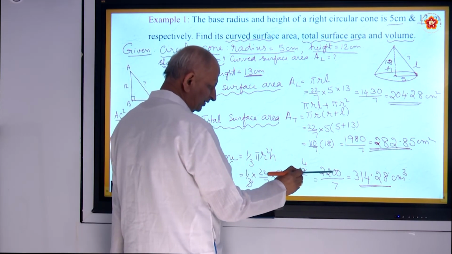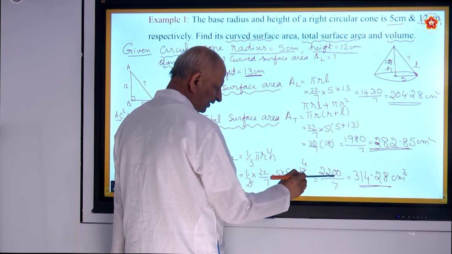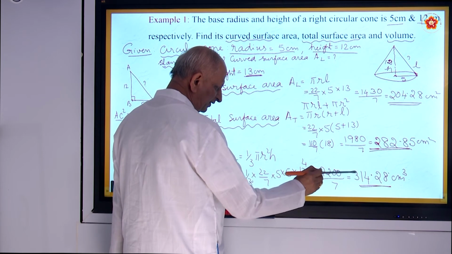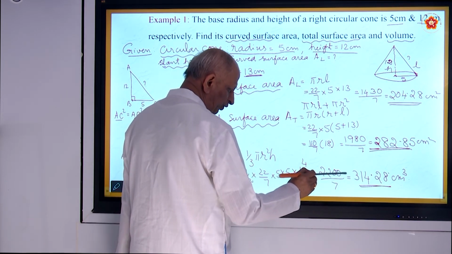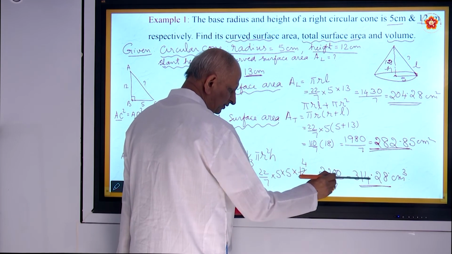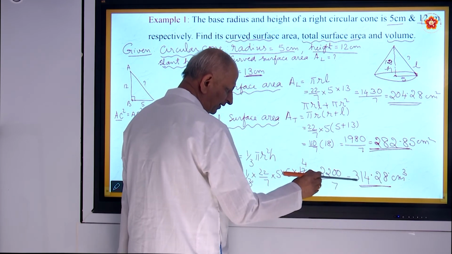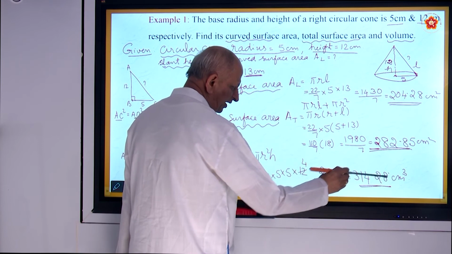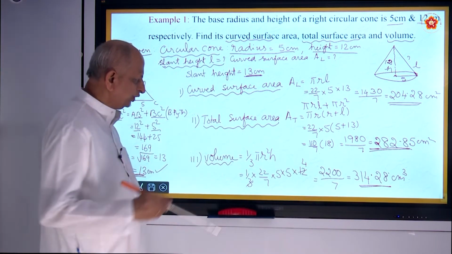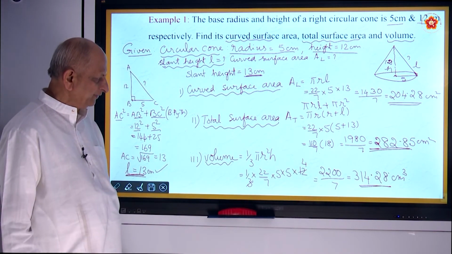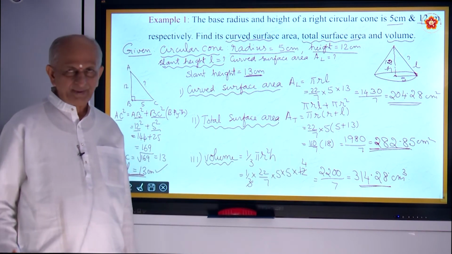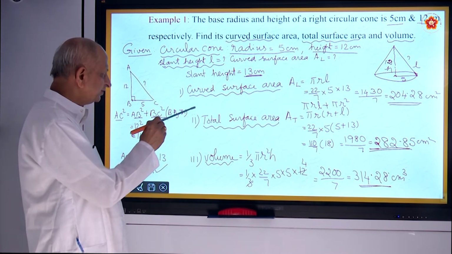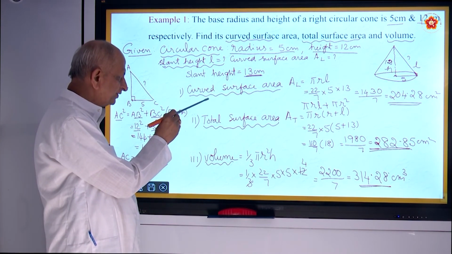So, 7 3s are 21, 1 remains, 10, 7 1s are 7, 3 remains, 30, 7 4s are 28, 2 remains, 20, 7 2s are 14, 6 remains, 60, 7 8s are 56, like that it continues. So, approximate value we can say 314.28 centimeter cube. So, these are the 3 questions we answered now.